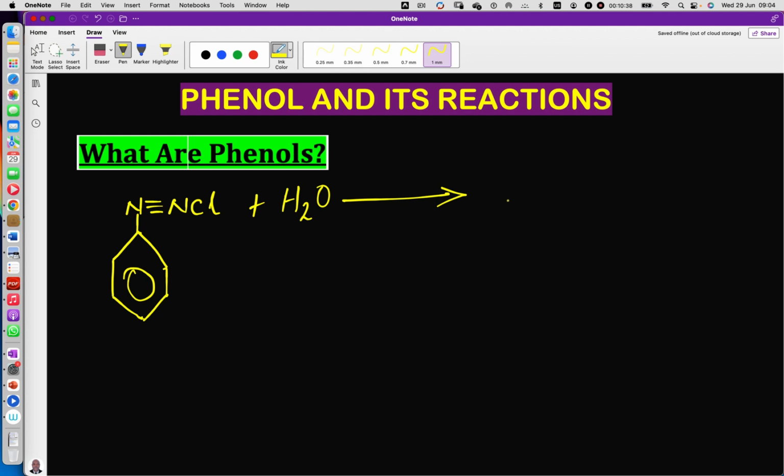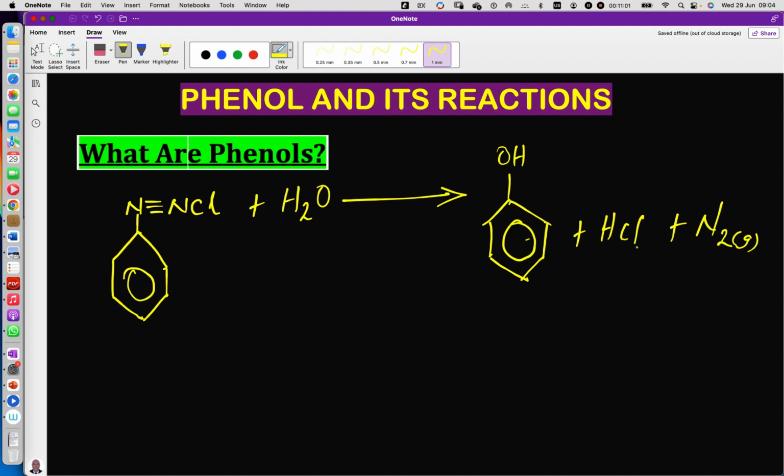Remember there is a positive charge here. With warm water, we get hydrogen chloride plus nitrogen gas that is being released.